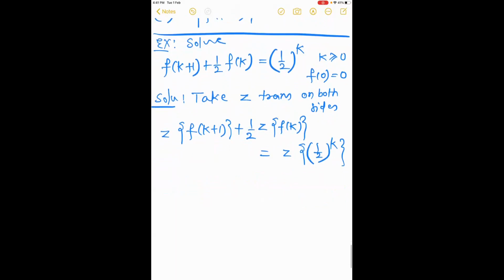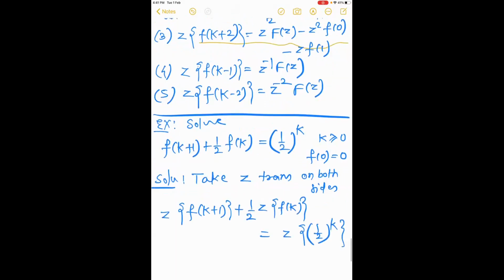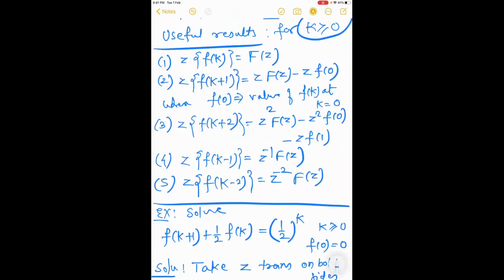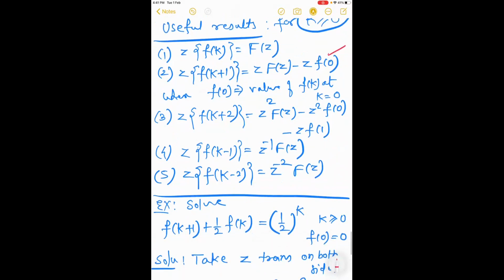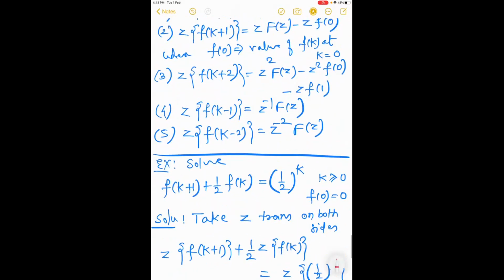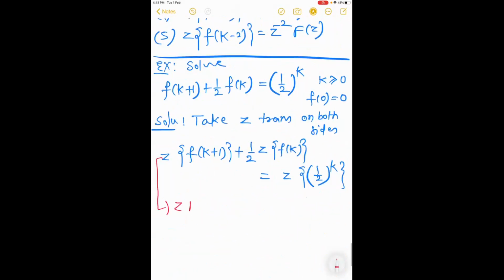Now use the result for f of k plus 1 that I have given you. Z transform of f of k plus 1 is z into F of z minus z into f of 0.